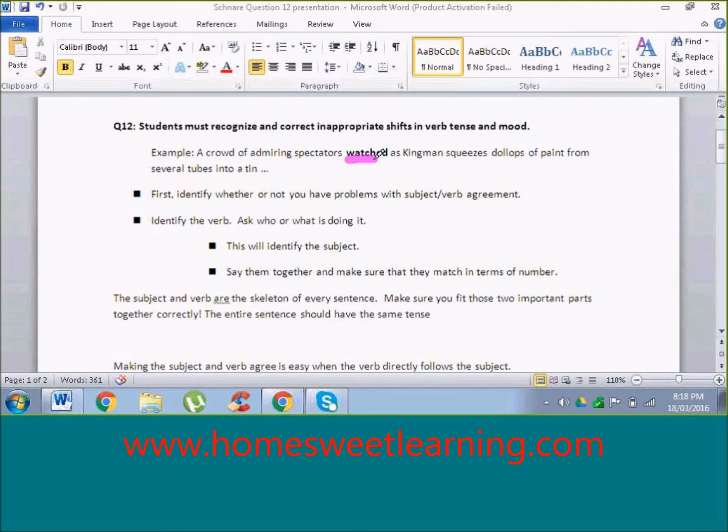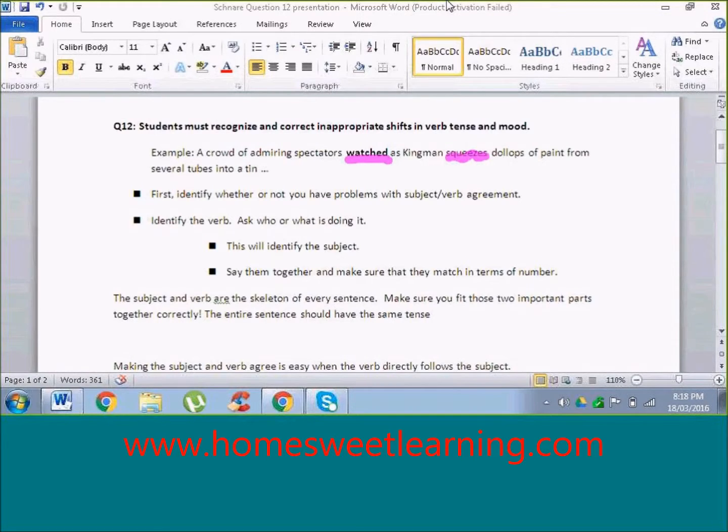So here is watched. This is the first verb. And also, question number 12, do we want to change this verb? Well, we're going to identify the verb, but we're also going to identify another verb. Here we see a crowd of admiring spectators watched as Kingman squeezes dollops of paint.